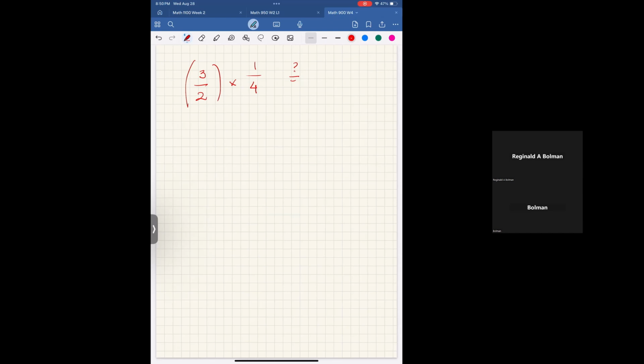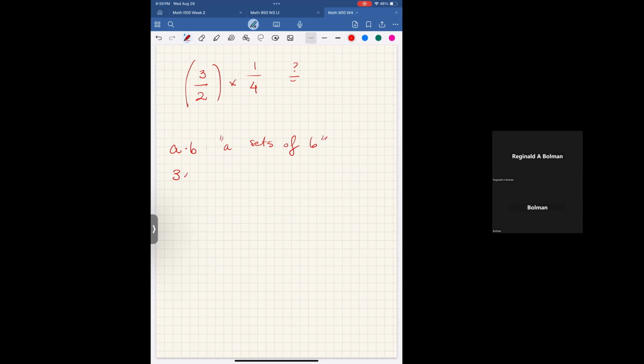This type of problem might come across at first as a bit of a brain teaser, because if you recall the basic definition of multiplication, whenever you have one number multiplied with another number, this is literally read as a sets of b.